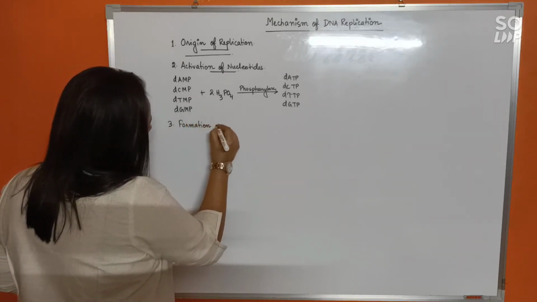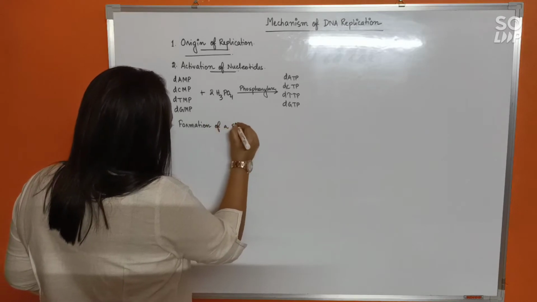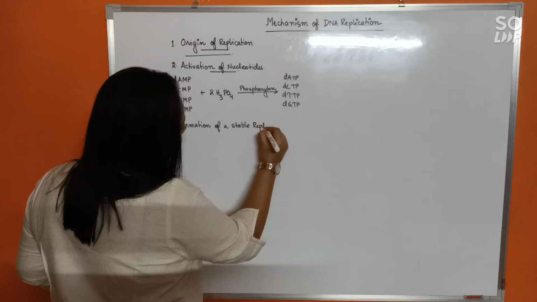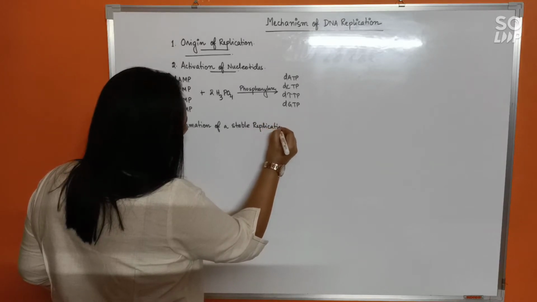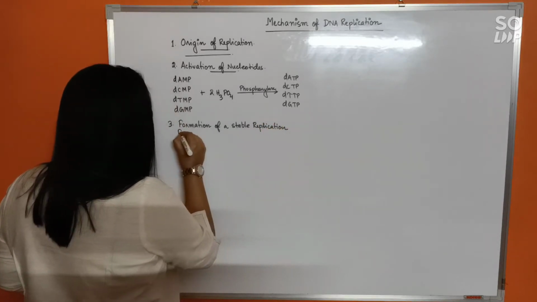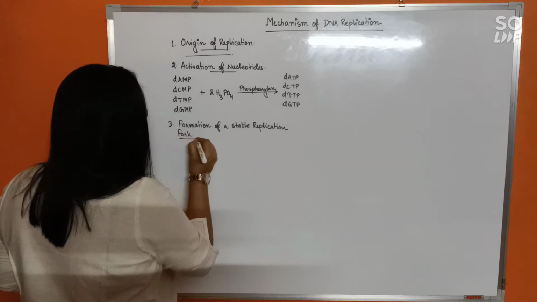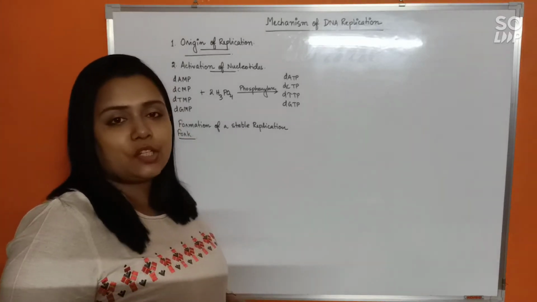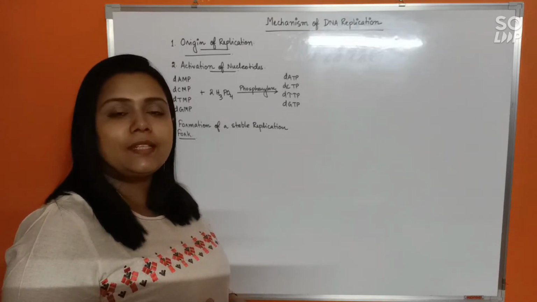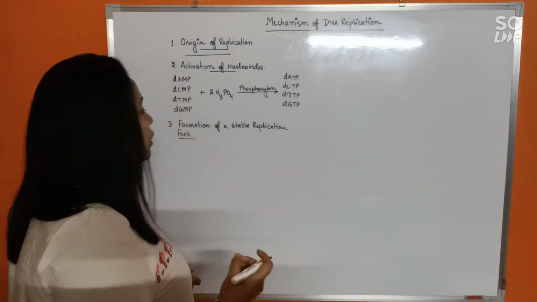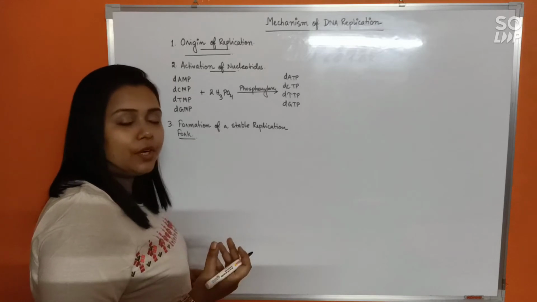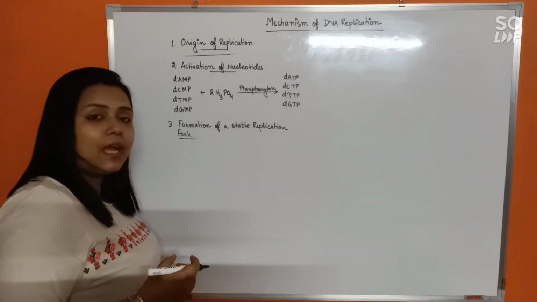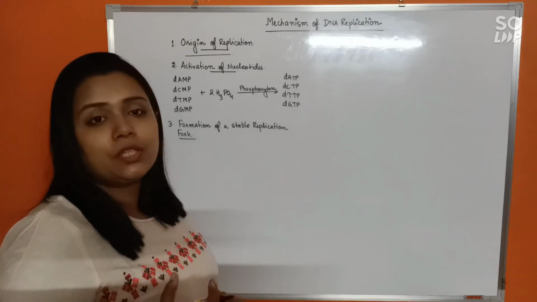Now, the third thing is formation of a stable replication fork. Whenever DNA replication has to take place, the DNA helix has to unwind. You know that the unwinding will occur in the origin of replication, right? So the enzyme helicase will do this task.